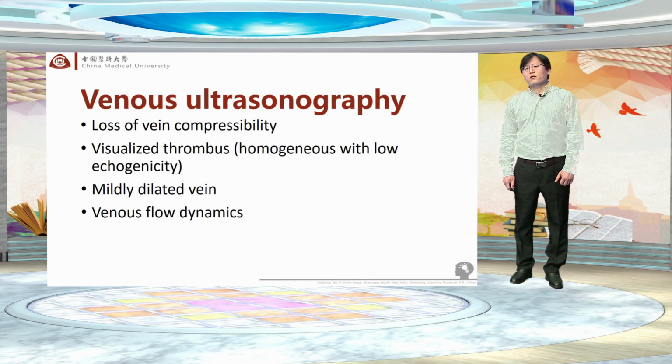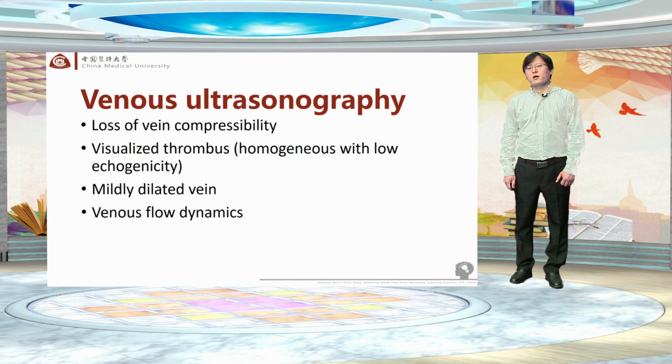Venous ultrasonography is the first-line imaging modality for the diagnosis of DVT. In patients with DVT, we can see loss of venous compressibility, and sometimes we can even visualize thrombus, which looks homogeneous with low echogenicity.